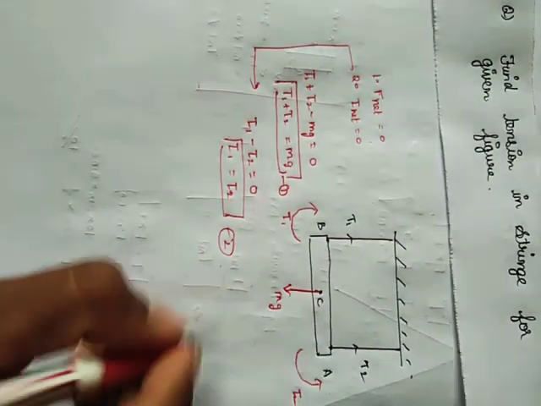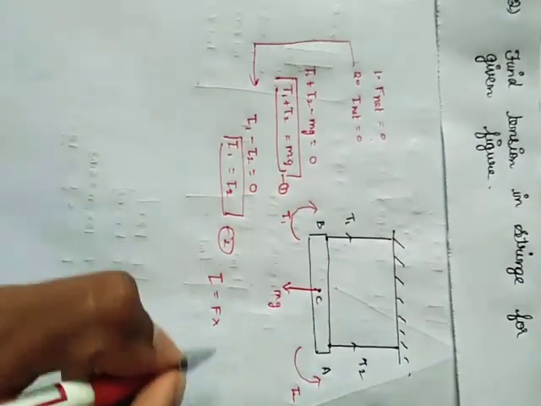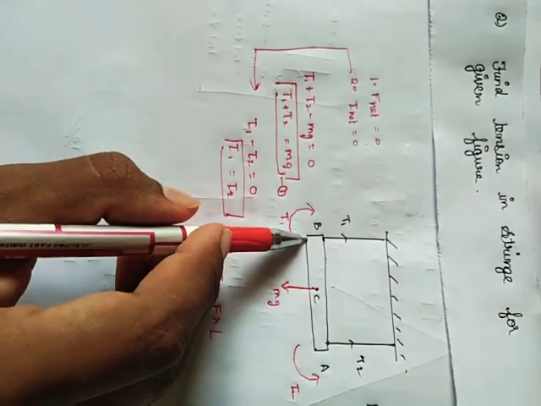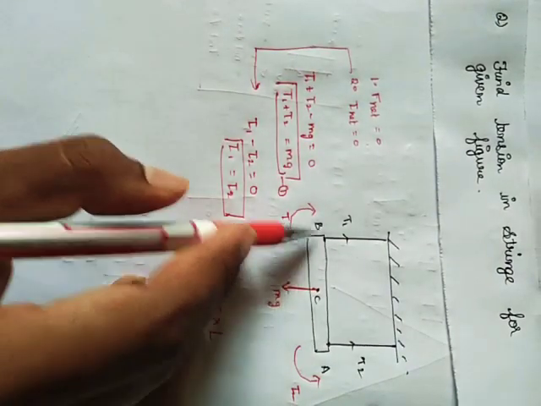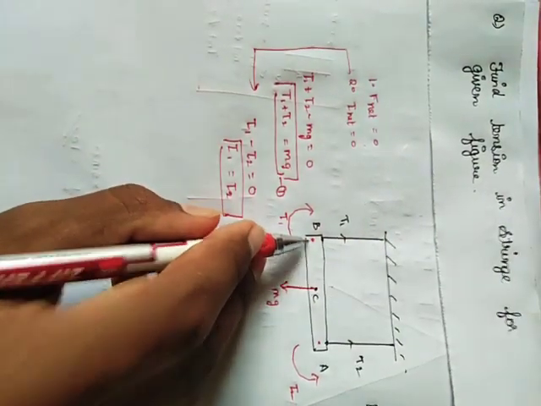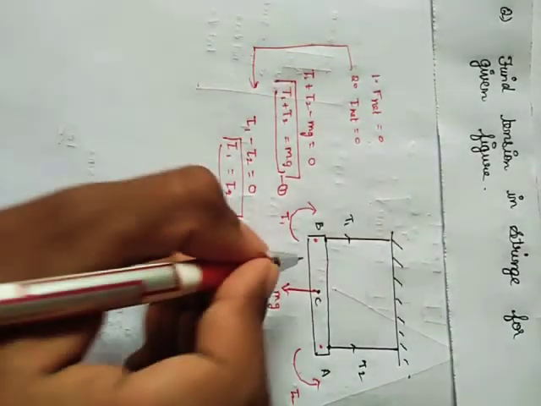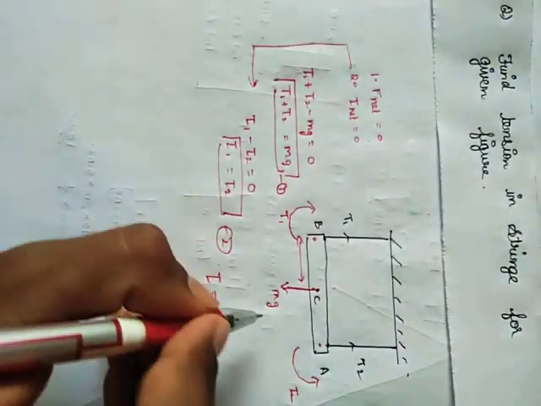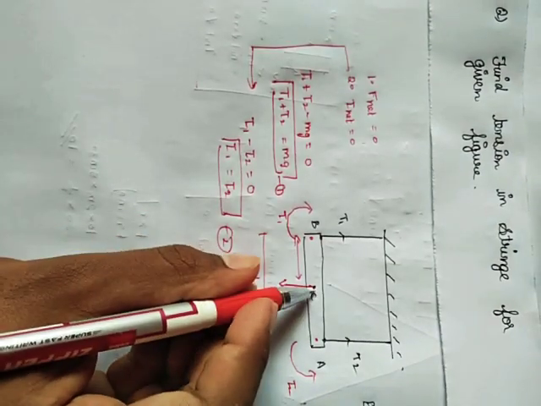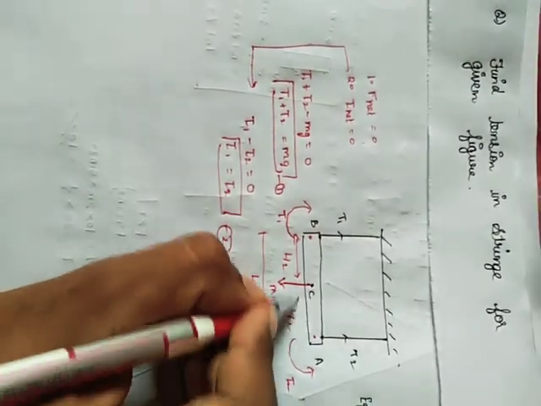Generally, what is the formula of torque? Force into perpendicular length. Here what's the force? Tension at this point, what is the torque, and at this point, what's the torque? Here force is tension, and what is the perpendicular length? If the bar length is L, and this is the center, this is L by 2 and this is L by 2.